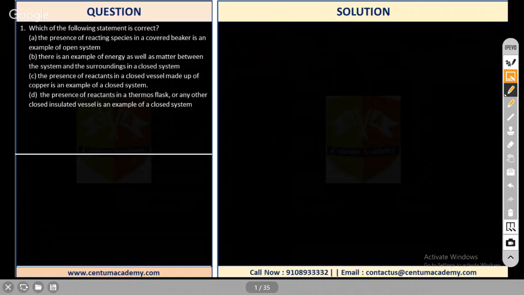Option B, the exchange of energy as well as matter between the system and surroundings in a closed system is not possible, right? The second option is nothing but an open system. First one is closed, option B is an open system.